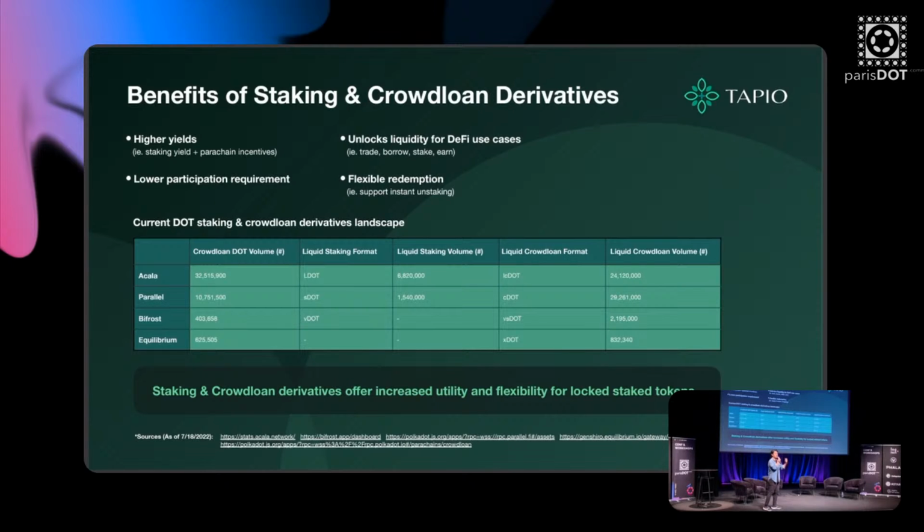So all in all, this is the general landscape of what the DOT derivatives space looks like currently. And one line to summarize: staking and crowdloan derivatives offer increased utility and flexibility for locked staked tokens.